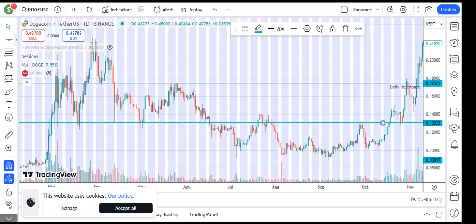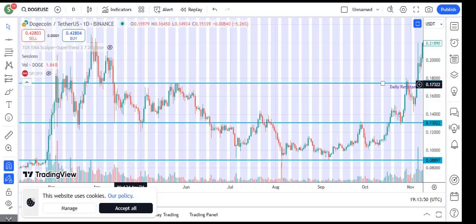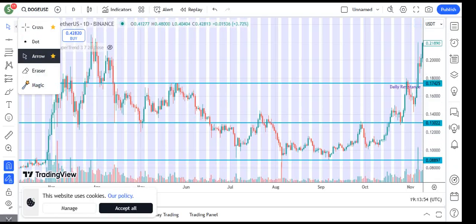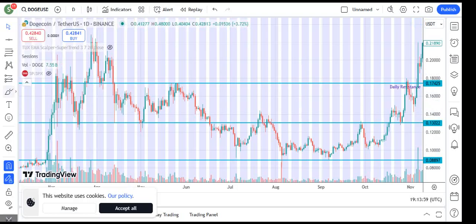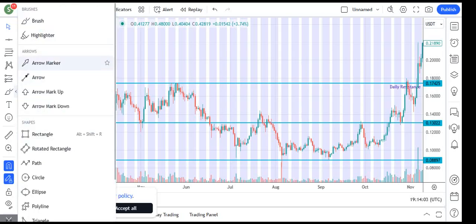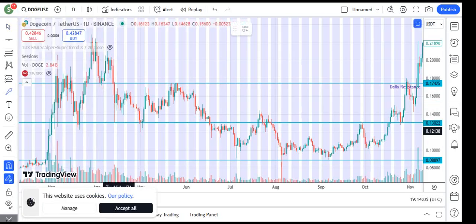Let me see if I can use this. So I'm just trying to see if you can see what I see here.